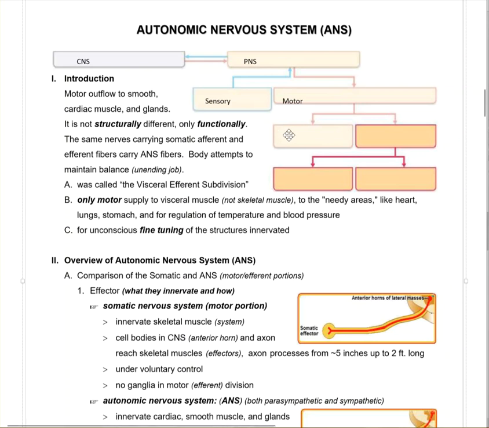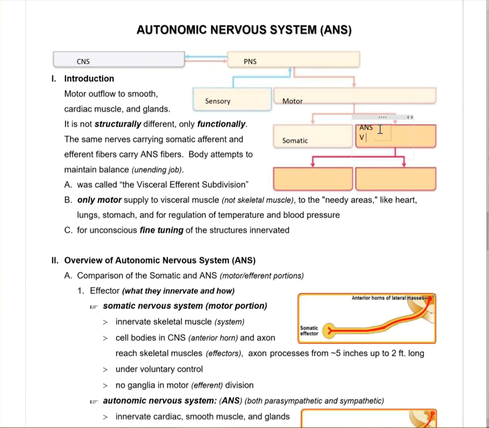And the motor division is divided into two areas, the somatic, and then we have our ANS, the autonomic nervous system. Not sure why that keeps moving there. Hold on, let's move you back up.